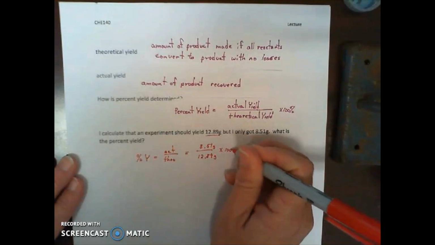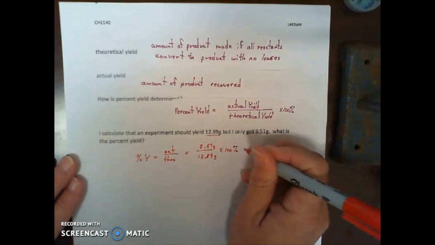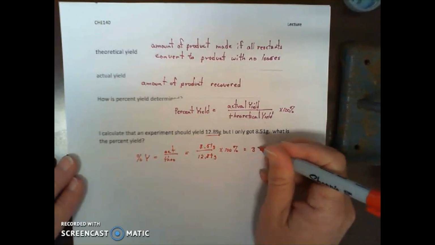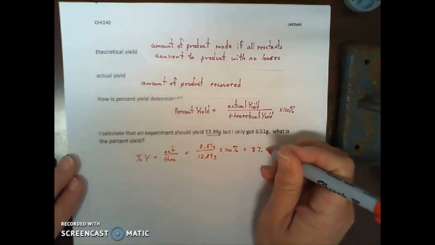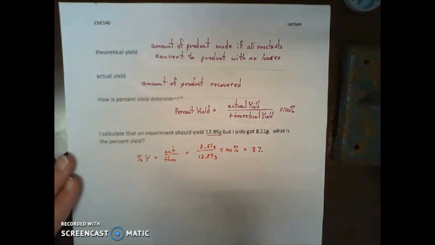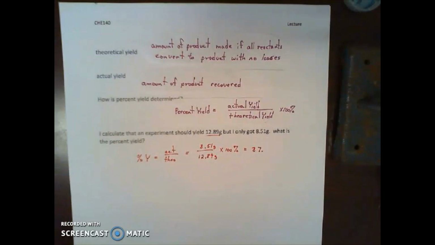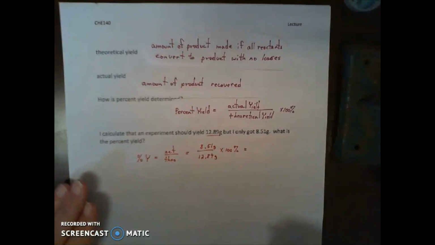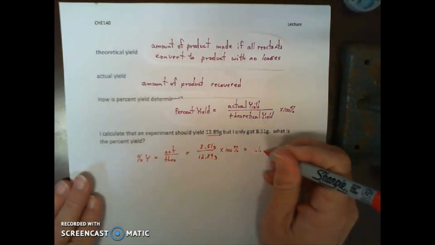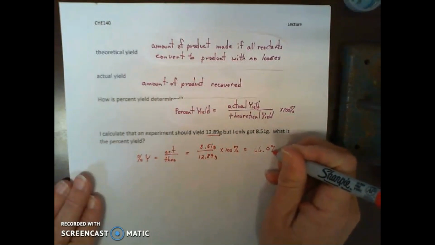We have to multiply it times 100% to make it a percentage, and we'll get a recovery of 87. So we get our final answer of 66.0%.